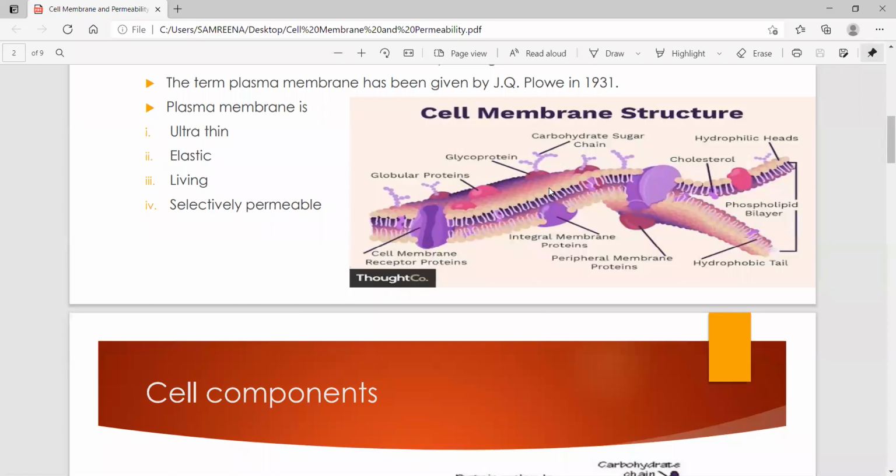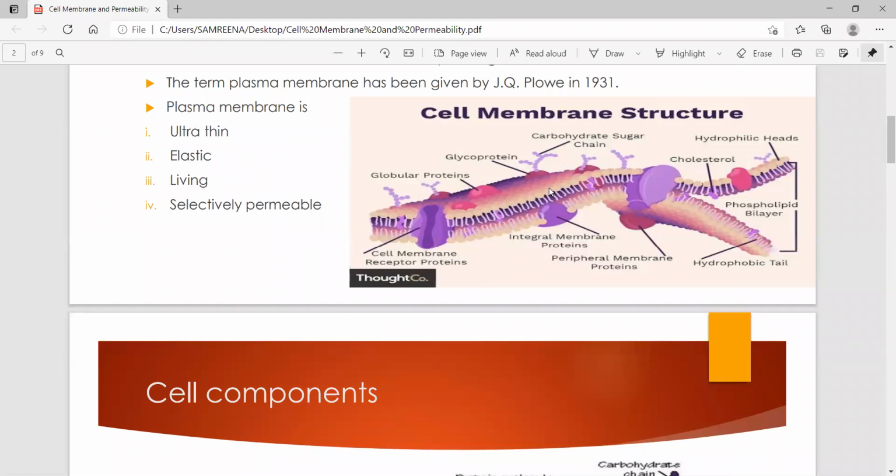The 6 examples are D-galactose, D-mannose, L-fructose, sialic acid, N-acetyl D-glucosamine, and N-acetyl D-galactosamine. So again, I will repeat. We have 6 principal sugars which form these carbohydrate chains, and they are derivatives of glucose.